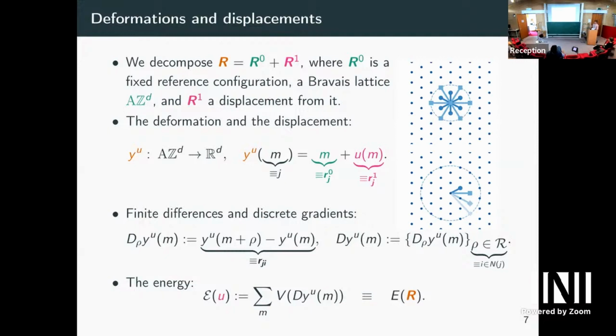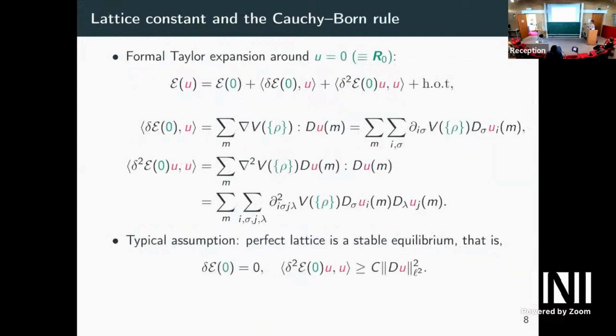And then you can rewrite this energy as something that looks a bit like a continuum stored energy density function. And this is the sort of discrete energy that you work with.